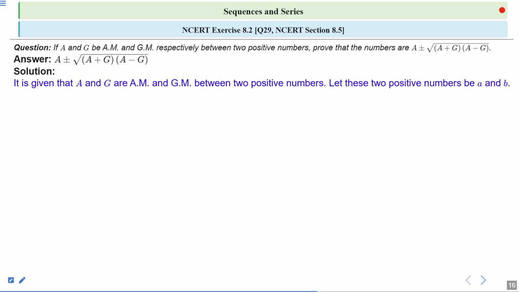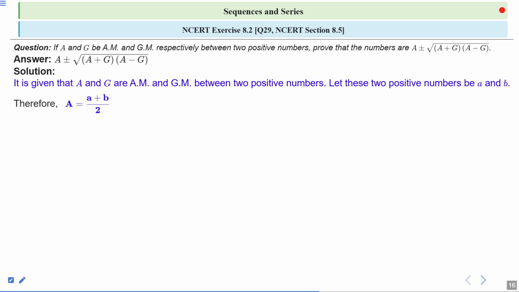It is given that A and G are AM and GM between two positive numbers, and we let these two numbers be a and b. So we are letting here two positive numbers a and b.